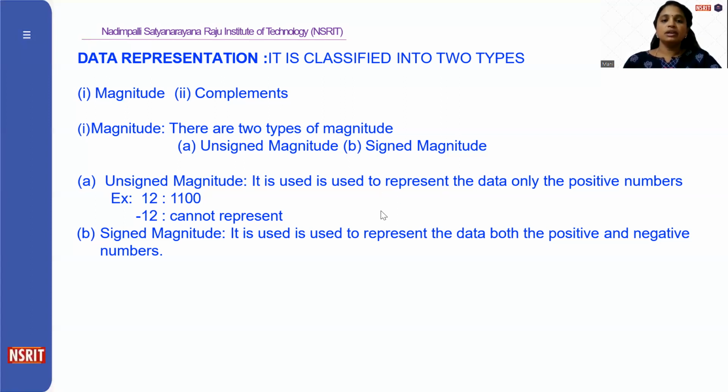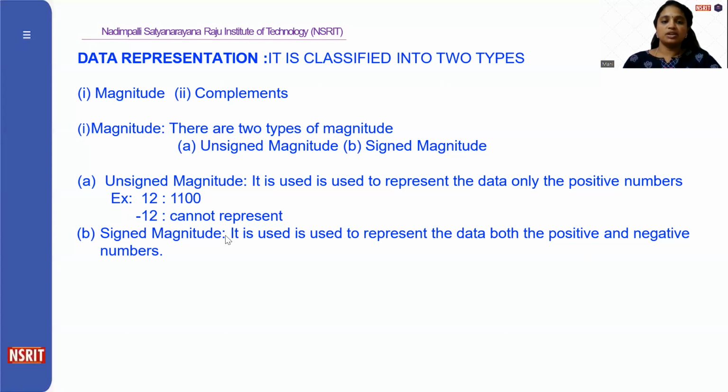By default, if the sign is not present for the number, we take it as a positive number. In this example, 12 can be represented as 1100, but minus 12 we cannot represent, because this is a negative number.